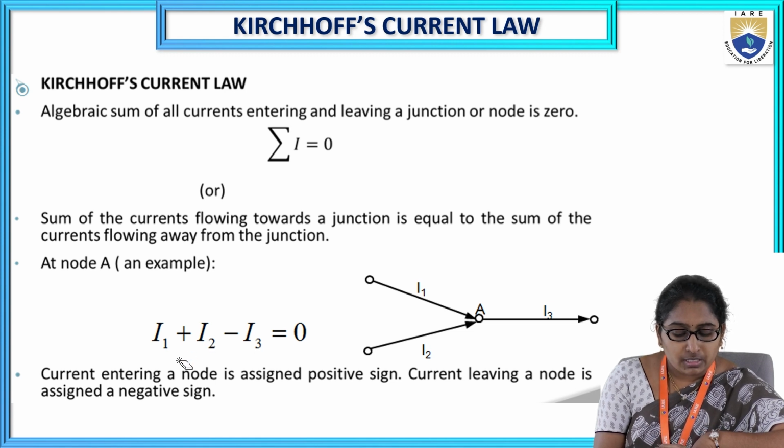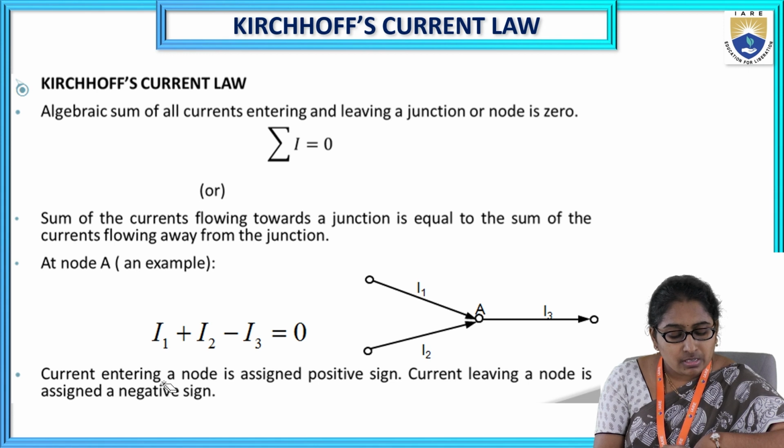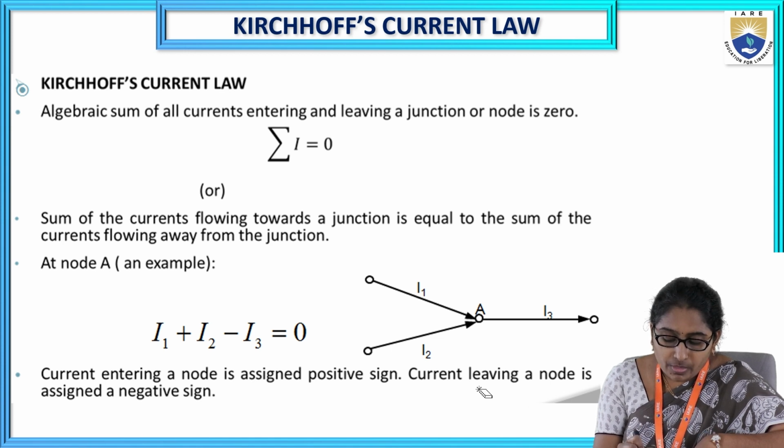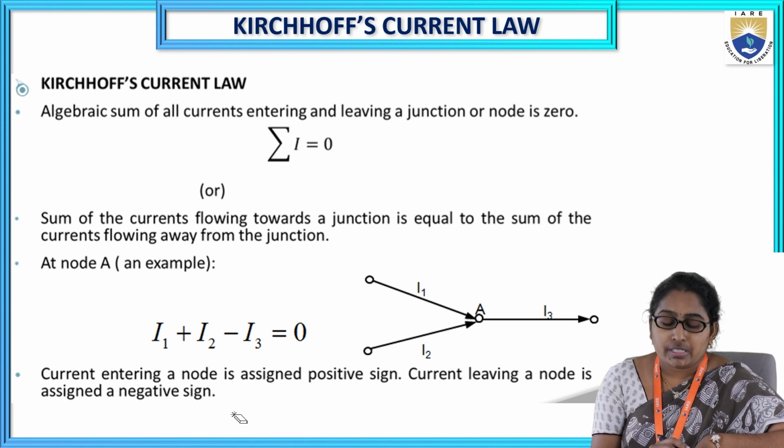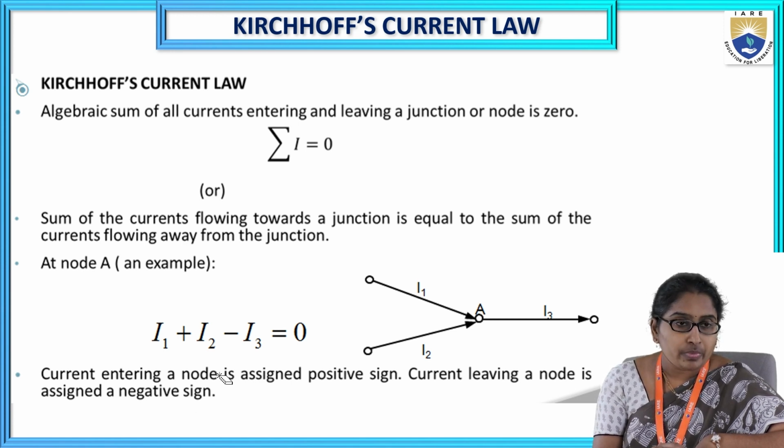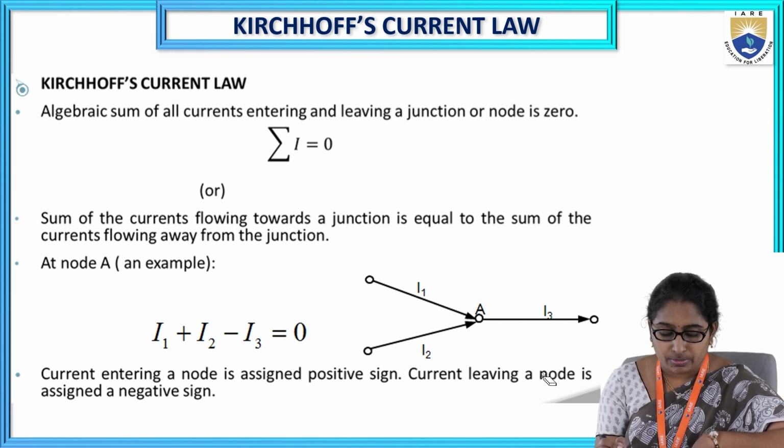So the sign convention is that currents entering the node are assigned a positive sign, and currents leaving the node are assigned a negative sign. That is the sign convention they follow: entering currents with positive sign and leaving currents with negative sign.